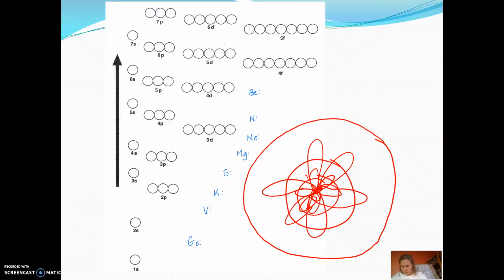I should do this one in a different color because the d's have those funky shapes. So let's do yellow because it's really not that important. The d's are the clovers. So one's looking like that, one's looking like that, and they should be bigger. The d's are bigger than the 3p, but not bigger than 4s. Hopefully that's not too confusing, but it might be.